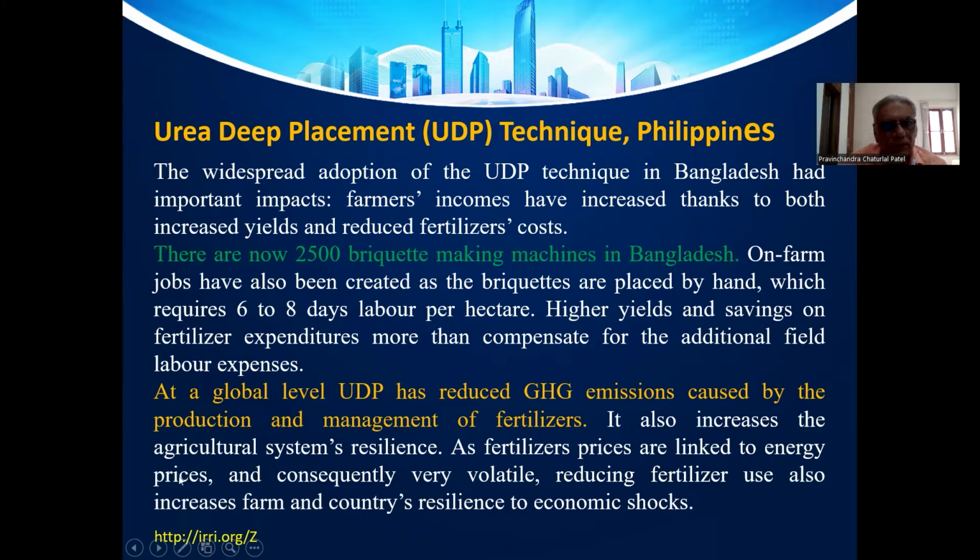At a global level, UDP has reduced greenhouse gas emissions caused by the production and management of fertilizer. It also increases agriculture system resilience, as fertilizer prices are linked to energy prices and consequently very volatile. Reducing fertilizer use also increases farm and country resilience to economic shock.